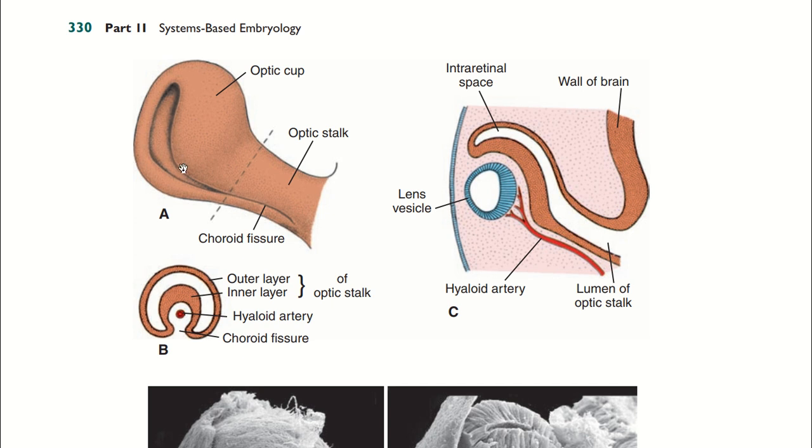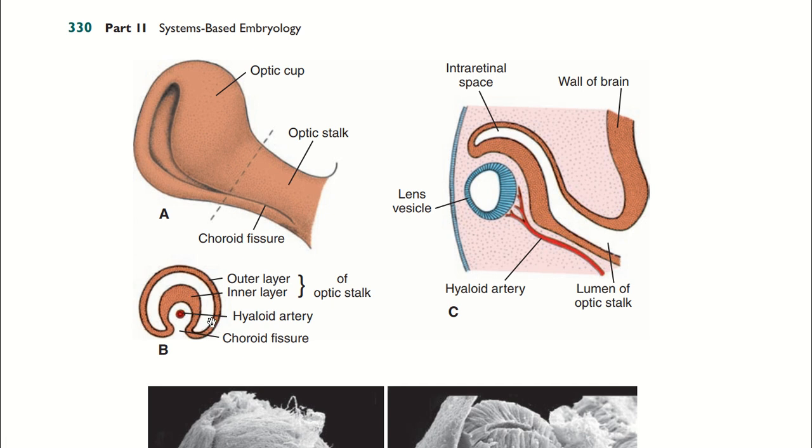The optic cup is going to be C-shaped in cross section. It's going to have two layers, an inner layer and an outer layer. And between the inner layer and the outer layer, you're going to have what is called an intraretinal space that is going to initially separate the inner layer from the outer layer. But take note of this.